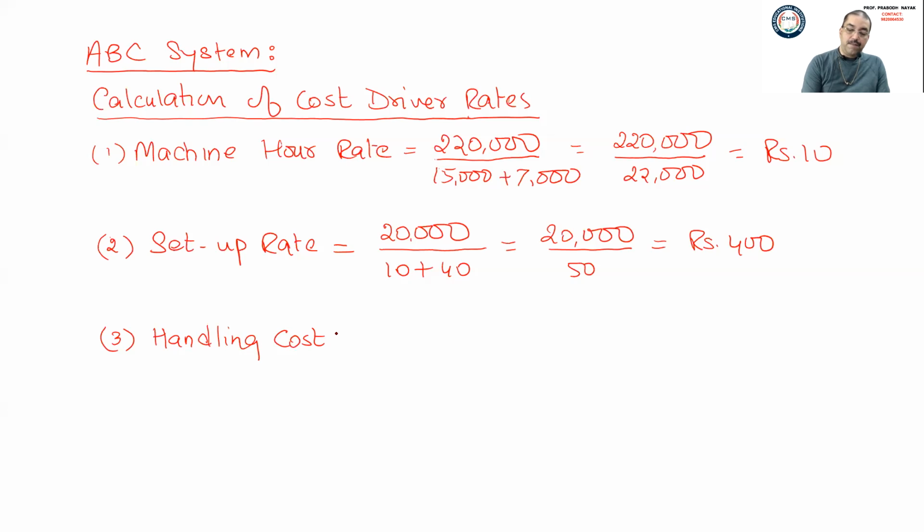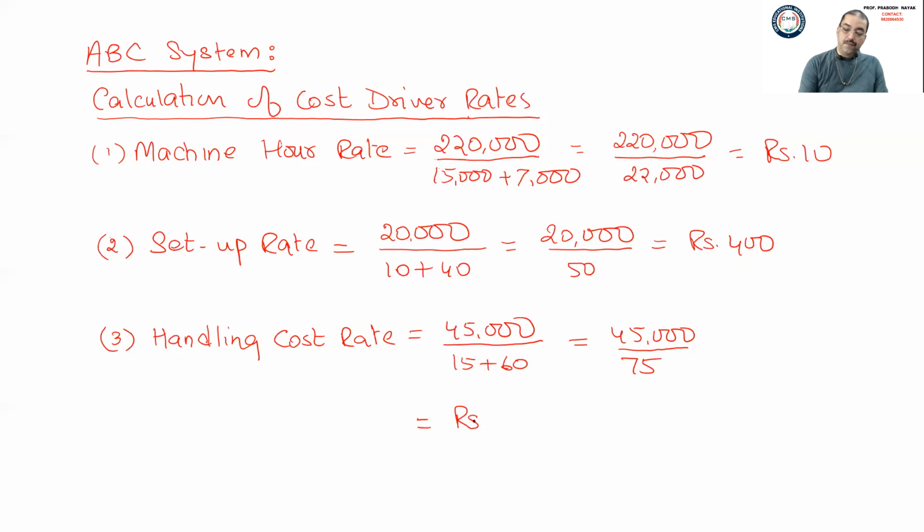Handling cost rate. Total handling cost is 45,000. Number of orders handled 15 and 60. 45,000 divided by 75, rupees 600.